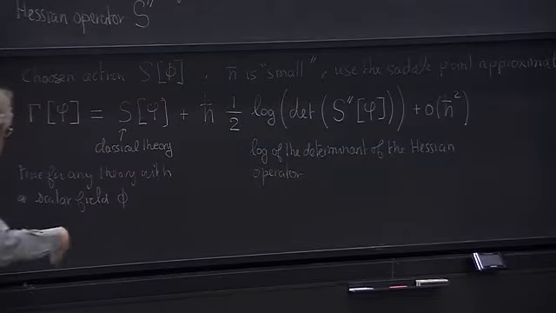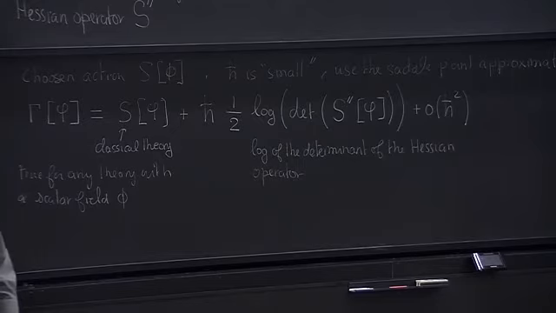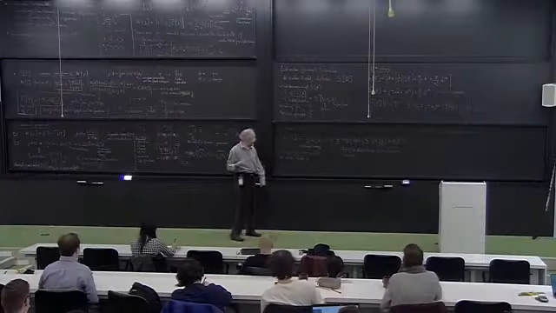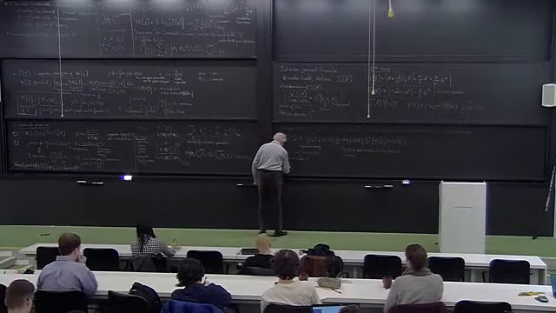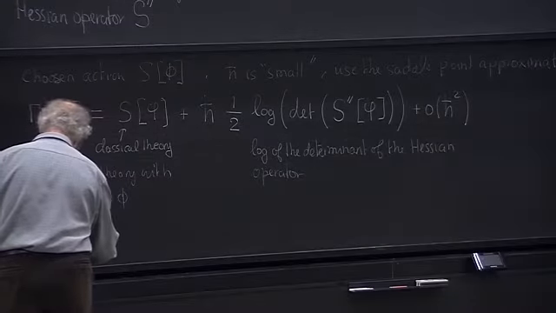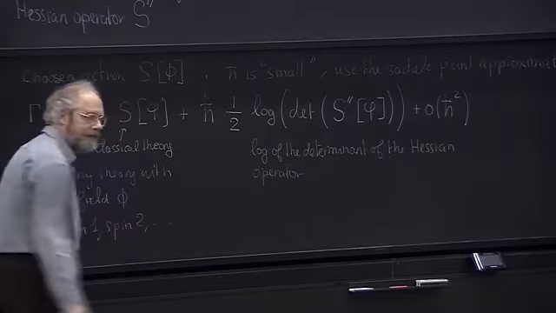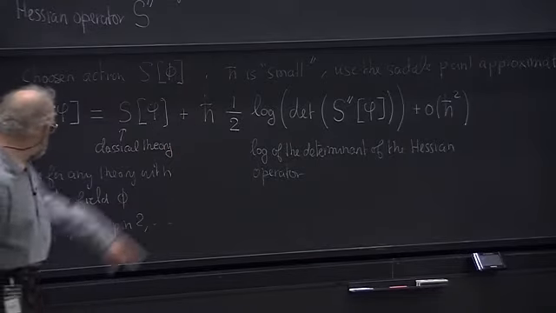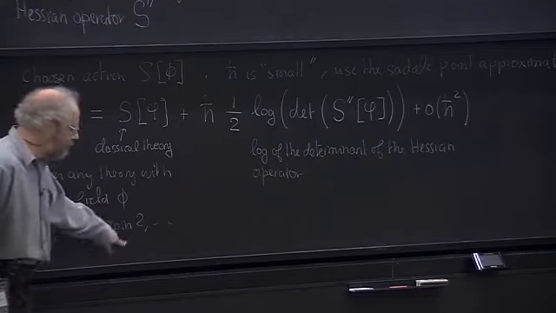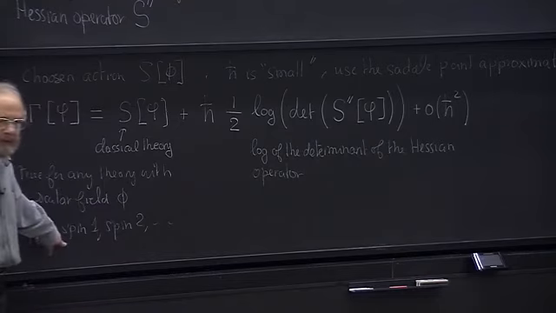And in fact, it's true for any theory with fields that obey the Bose-Einstein statistics. So basically, spin 0, spin 1, spin 2, etc. For spin 1 and spin 2, you have problems with gauge invariance.